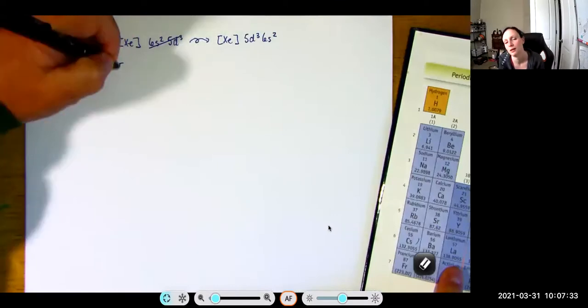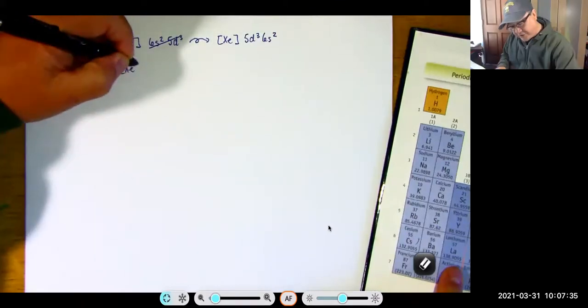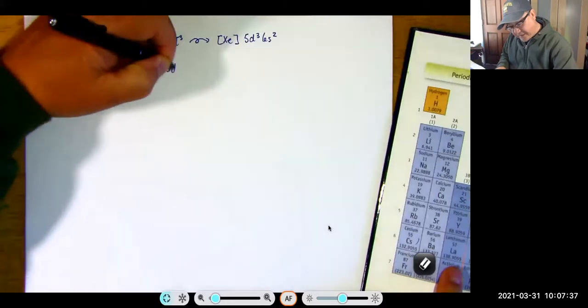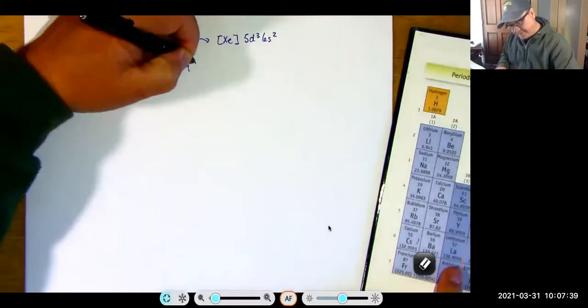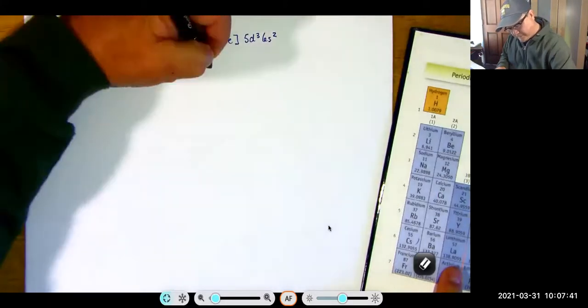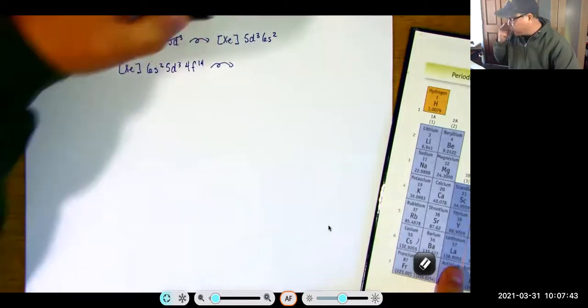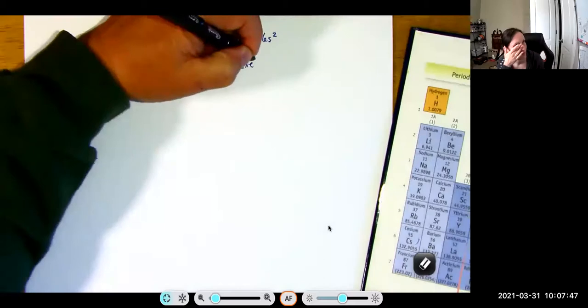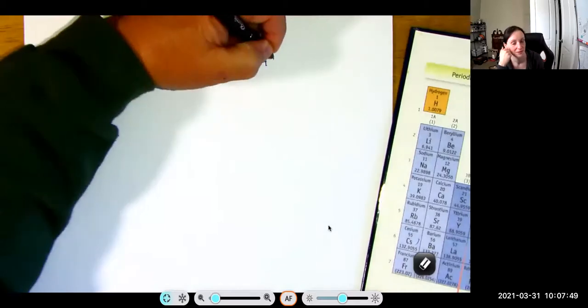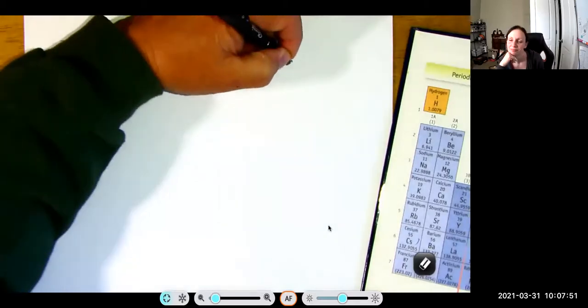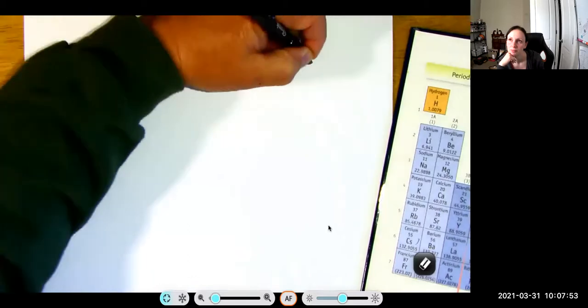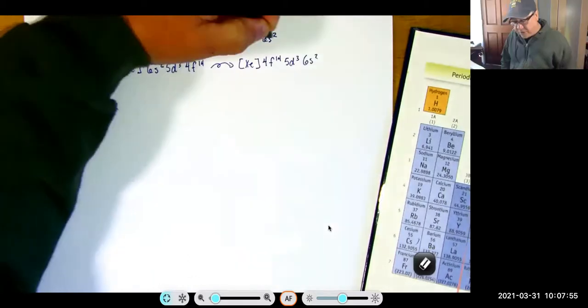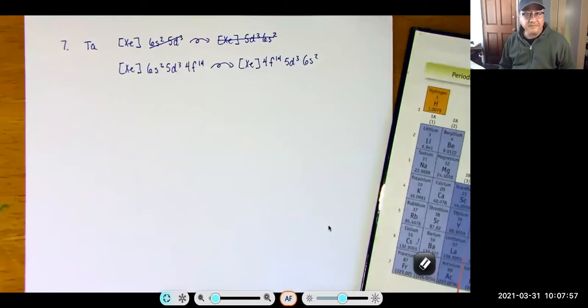Too early in the morning. 6s2, 5d3, and 4f14. This is what happens when you don't drink your coffee before class. So that's what you should get using the block method.